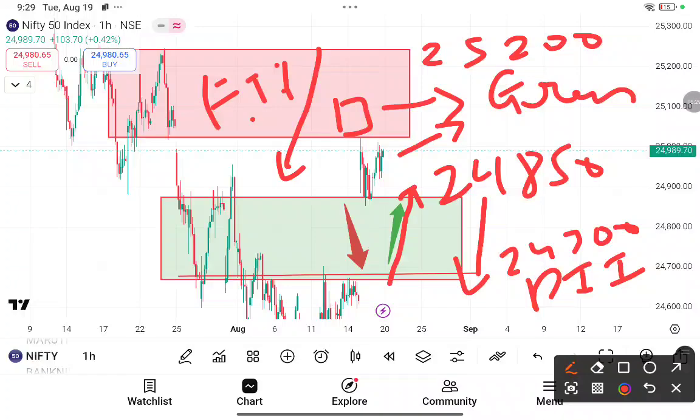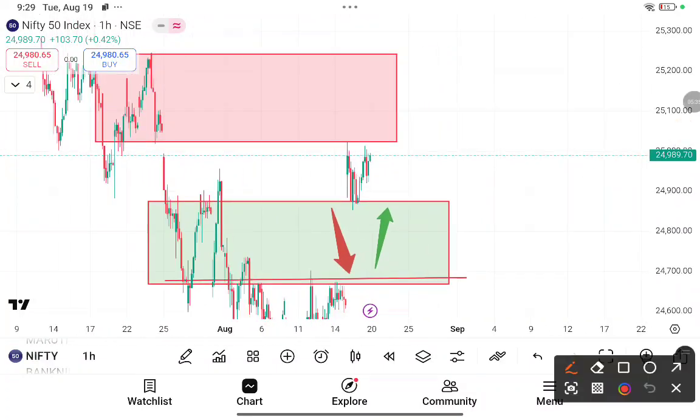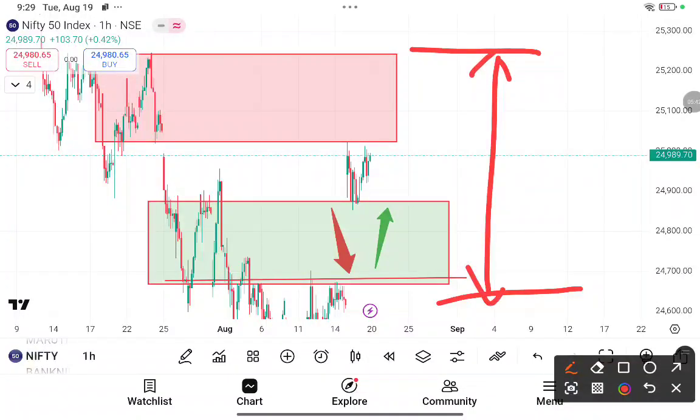So we are in a bit of a stalemate situation, guys, with very wide moves and a wide range. If someone wants to play safe, the big levels will be 25,200 and 24,700.